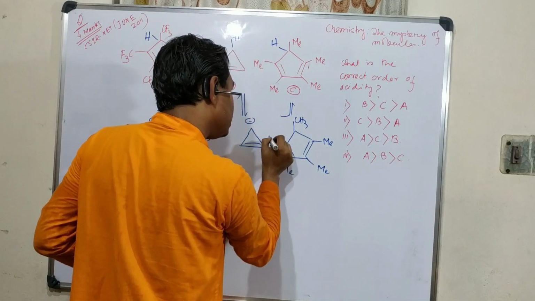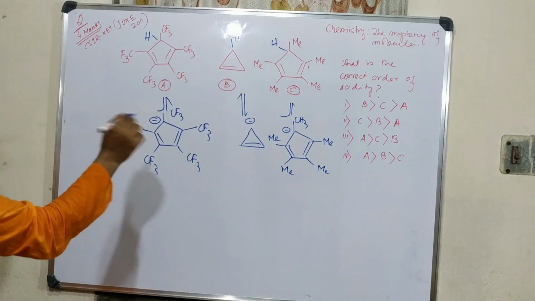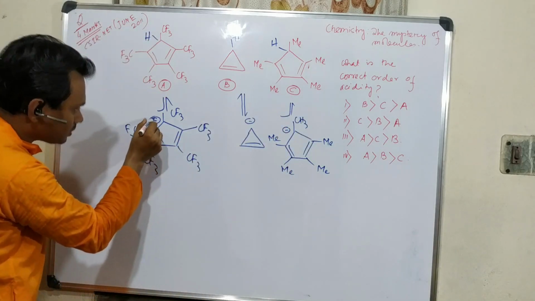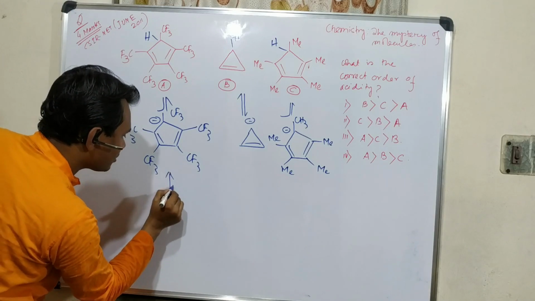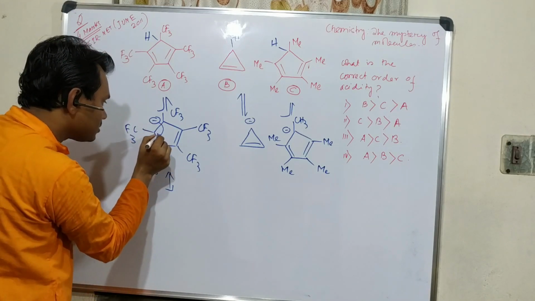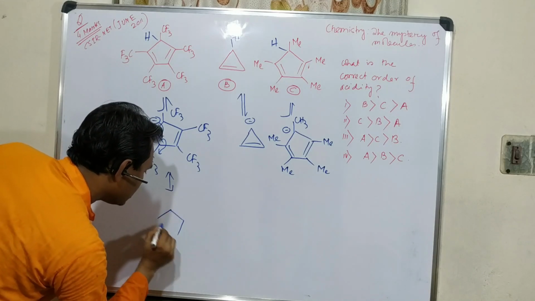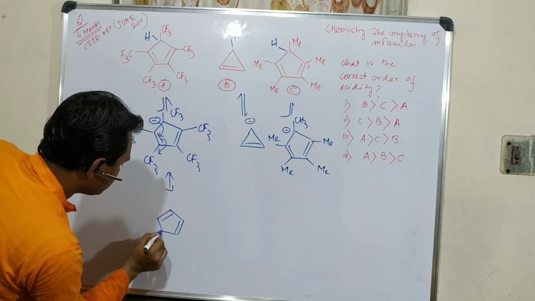Now you have to think that these are the structures, and everything is conjugated. For example, this can delocalize its lone pair. Let's draw at least one resonance structure. This here, this is here. So the resonance structure is this.